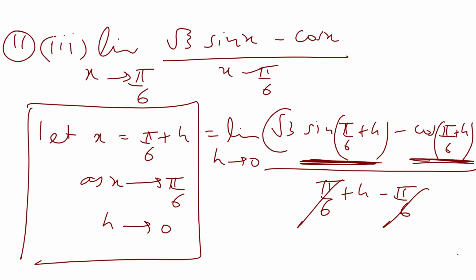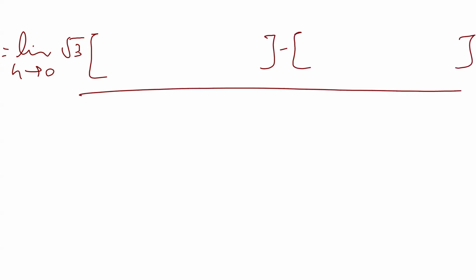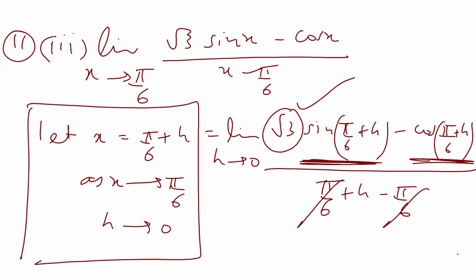So limit h approaching 0, root 3, okay, that root 3 I've written over here. Down there is h. Now sine pi by 6 is 30.